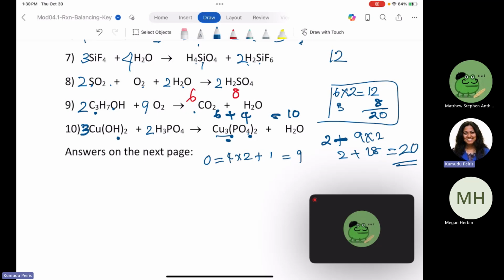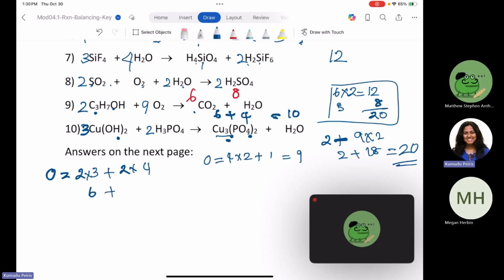But in the reactant side, we have added the coefficients for everything on the reactant side. So let's count the oxygens on the reactant side. So that would be 2 oxygens multiplied by 3 plus 2 by 4. Right.